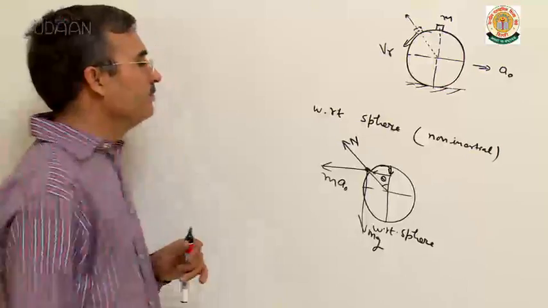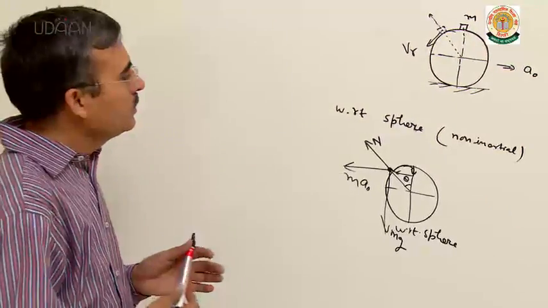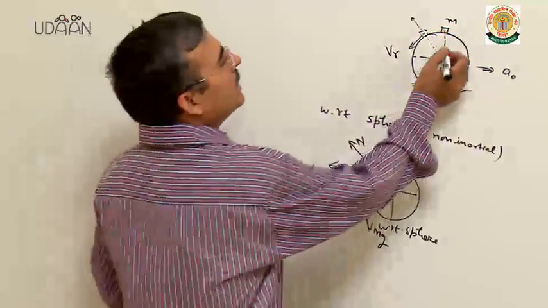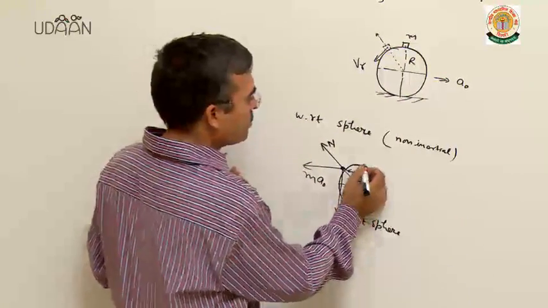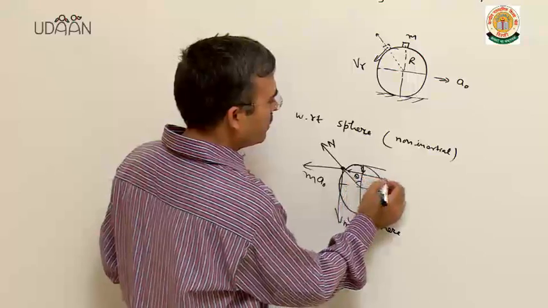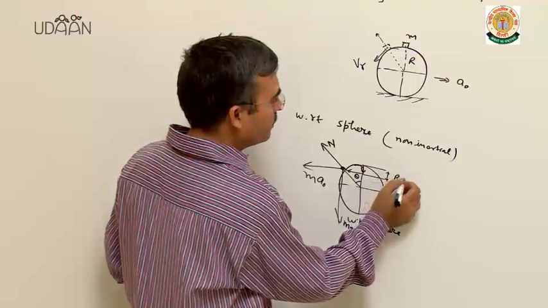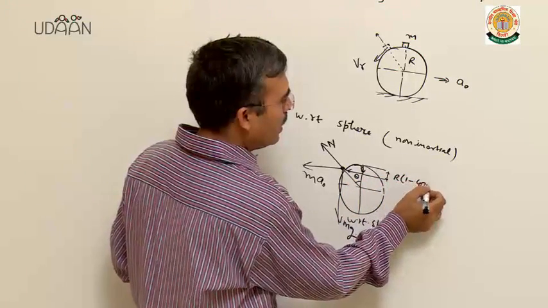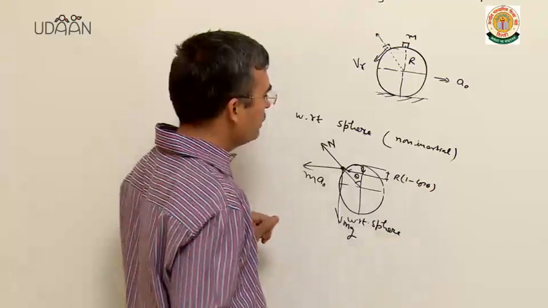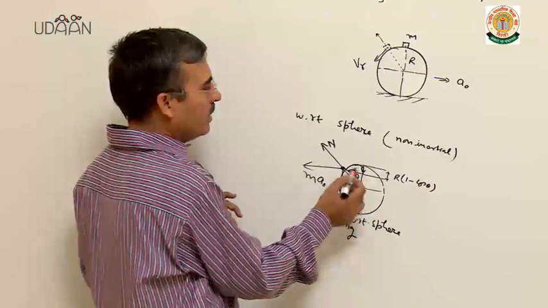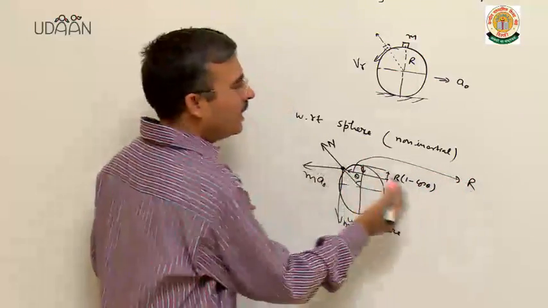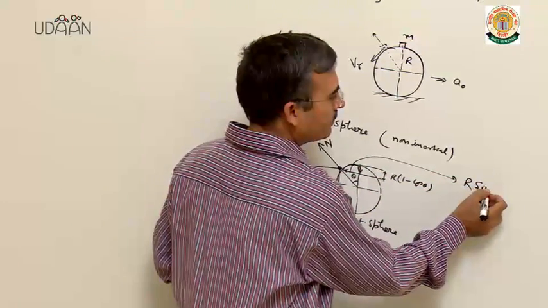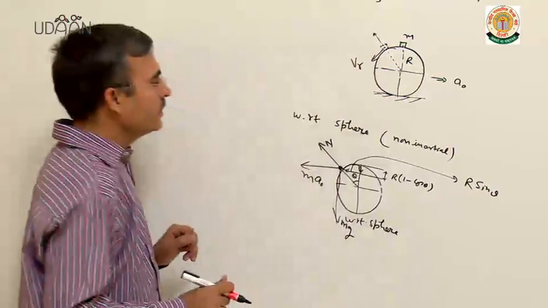Let the radius of the sphere be R, so that displacement will be r into 1 minus cos theta, and that displacement will be r sin theta. Clear?